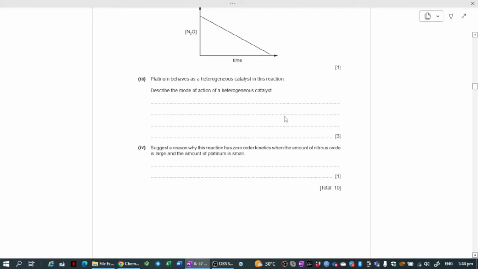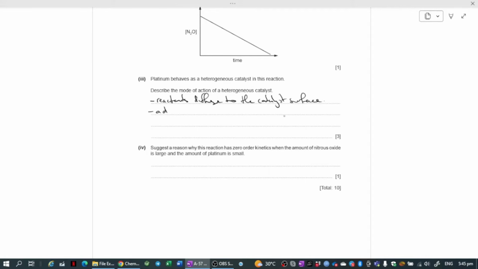Then part 3, platinum behaves as a heterogeneous catalyst in this reaction. Describe the mode of action of a heterogeneous catalyst. Generally, there are 5 steps to how a heterogeneous catalyst behaves. There's diffusion. So the first step is that the reactants diffuse to the catalyst surface, right?